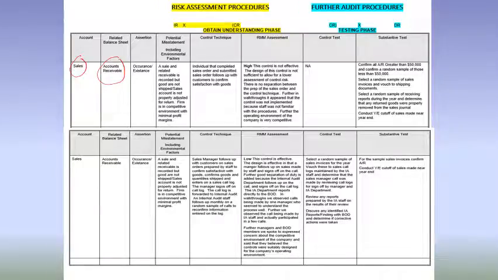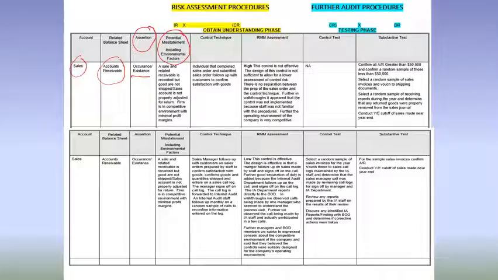Sales and accounts receivable are related, so you could probably audit these two simultaneously, or while you're getting evidence for accounts receivable, realize that you're also getting evidence for your sales and vice versa. But we don't get too far here. We think about assertions. Remember, we had our assertions in the earlier chapters, and we talked about existence or occurrence as being an assertion. Now we think about potential misstatement.